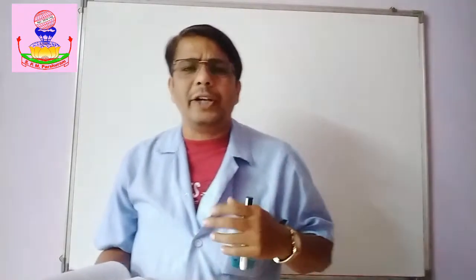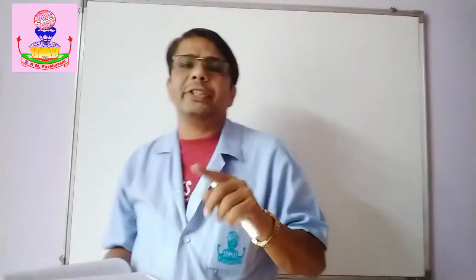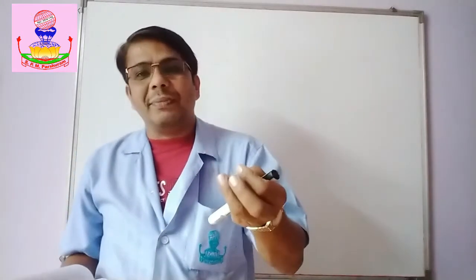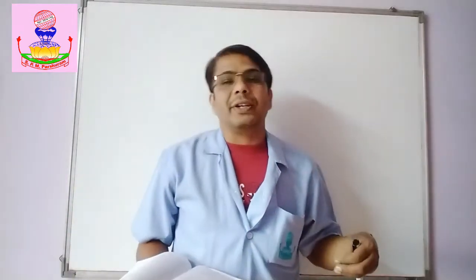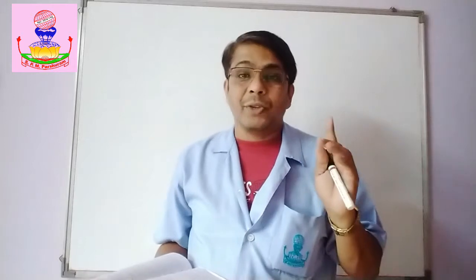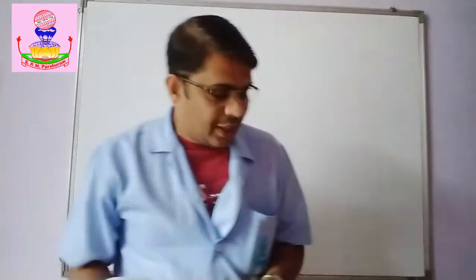Now one thing you should know: if there are three consecutive odd numbers or three consecutive even numbers, their average is always the middle number. Suppose there are 5 odd numbers or 5 consecutive even numbers, then their average is also the middle number. Okay, so what they have said, the average of 3 consecutive even numbers is 3 into 6.